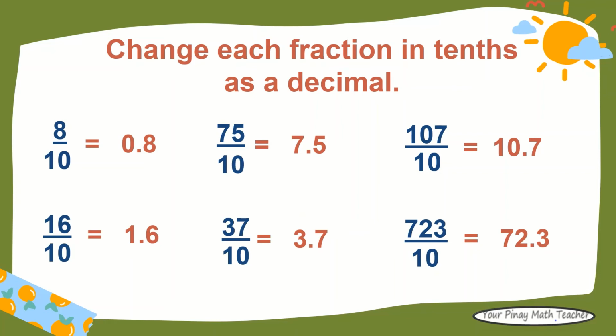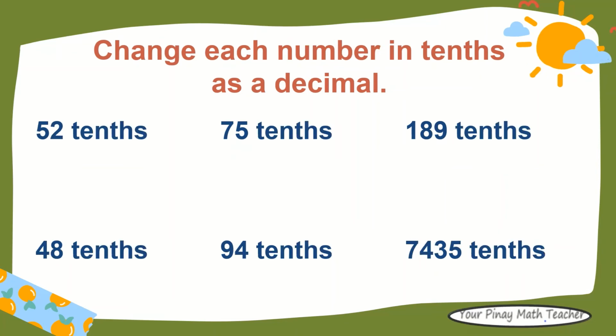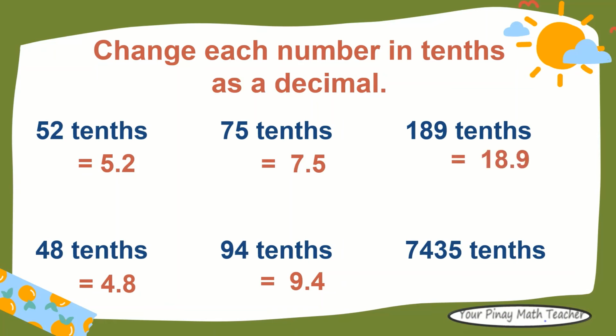Again, all fractions in tenths have equivalent decimals with 1 decimal place. How about these? 52 tenths, 5.2. 48 tenths, 4.8. 75 tenths, 7.5. 94 tenths, 9.4. 189 tenths, 18.9. 7,435 tenths, 743.5.